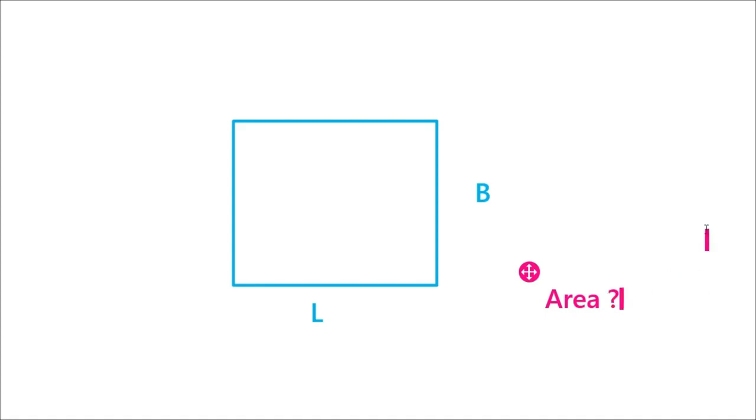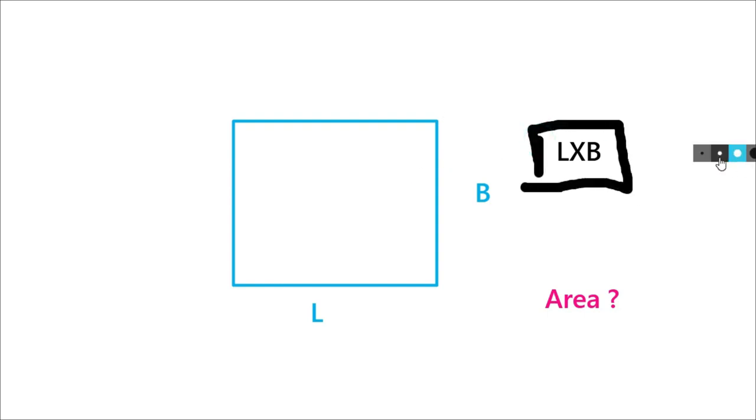You are already familiar with this, so you can easily say L into B. So it's very simple, right? Finding the area of a rectangle is not rocket science. We already have a definite formula for this, so we don't face any problem here.